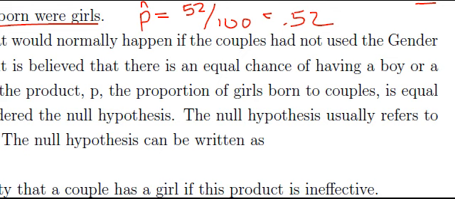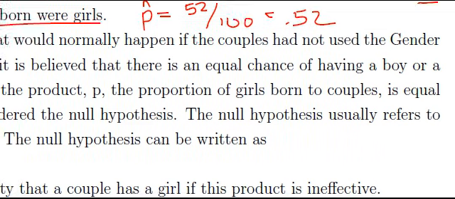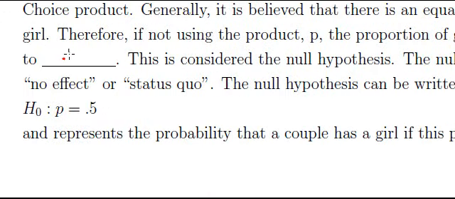Okay, so we want to identify the null. The null hypothesis is just the status quo, or what's happening without this product. And so we're going to assume that there's an equal chance of having a boy or a girl, so a 50-50 chance. And so we're going to assume that the proportion is 0.5. And so that's really kind of no effect, or the status quo.